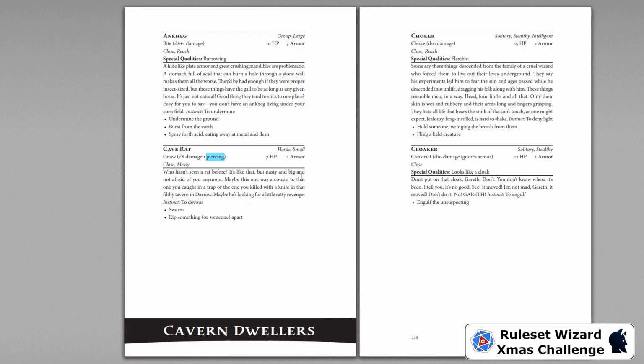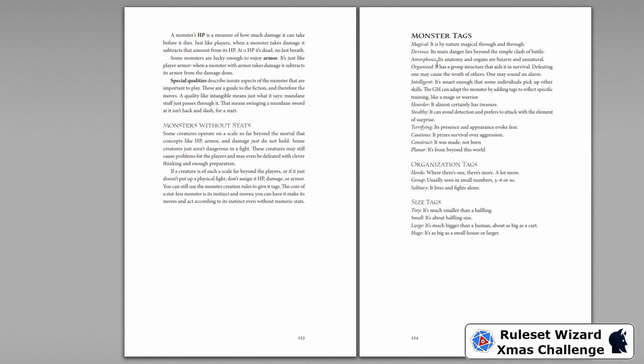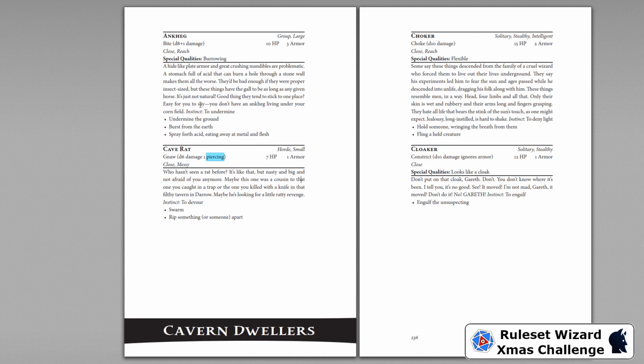So in monsters, it talks about monster tags, and we've got size tags and organization tags. They're pretty easy. And then monster tags, and we've got things like all these single keywords: magical, devious, amorphous, organized. I'm not seeing those in my monsters, but I do see stuff like this, which wasn't really described, at least in my previous readings of it.